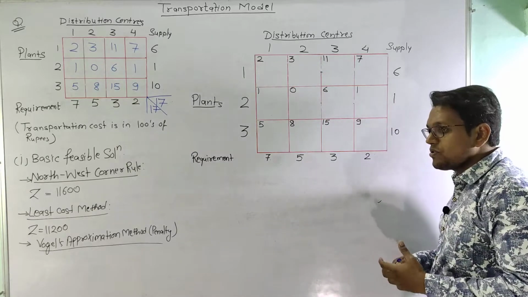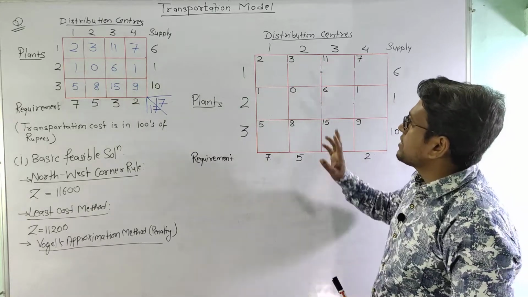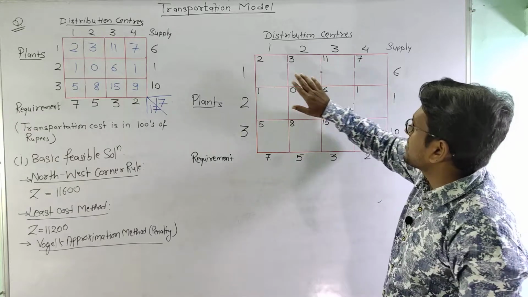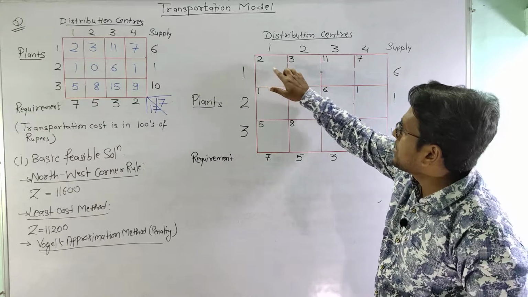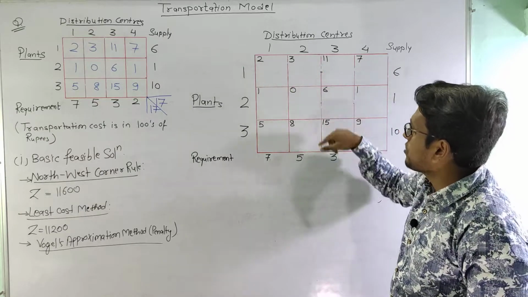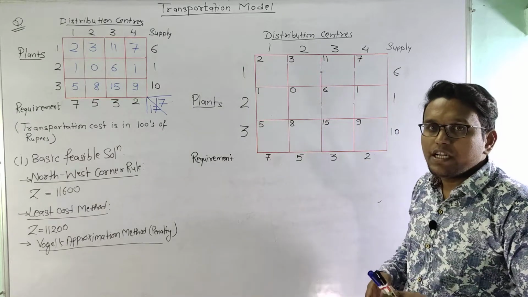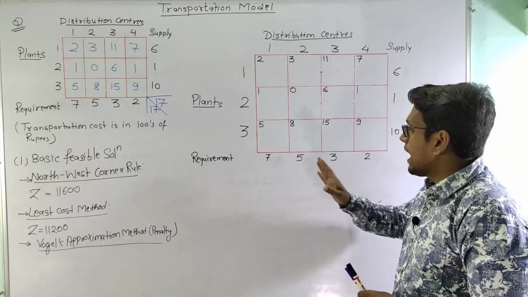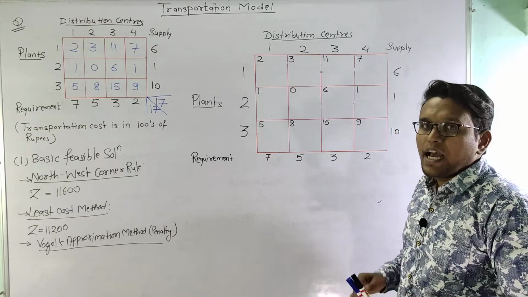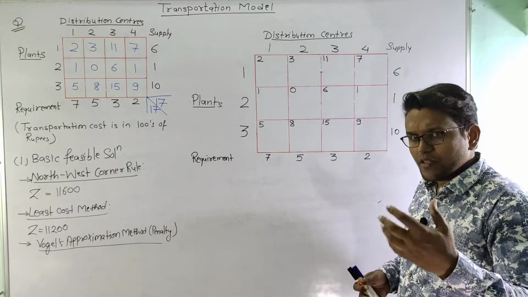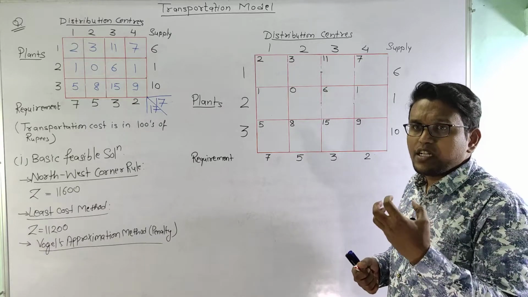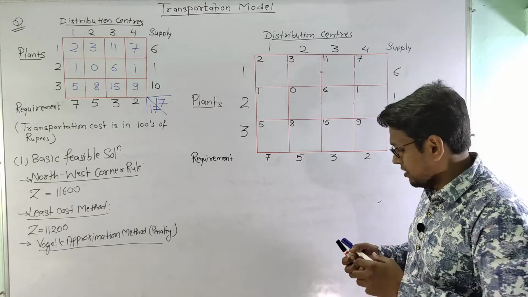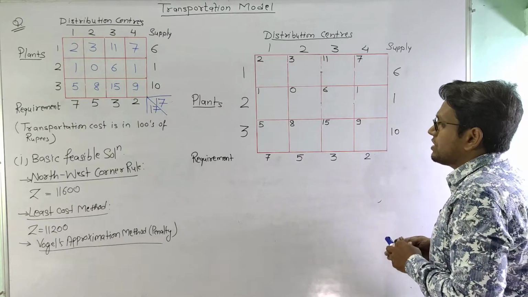So we calculate the difference between the lowest and the second lowest transportation cost in each row and each column, and we call it a penalty. The higher the penalty, the greater the transportation cost, so we will try to fulfill the cells which have higher penalties. Let us first calculate the penalties.